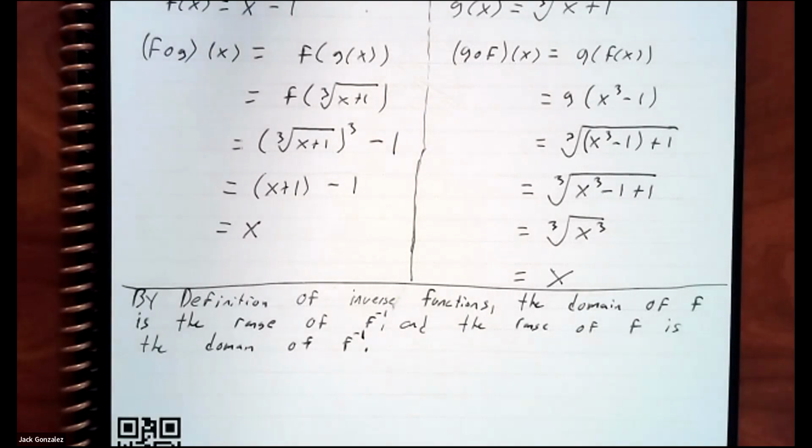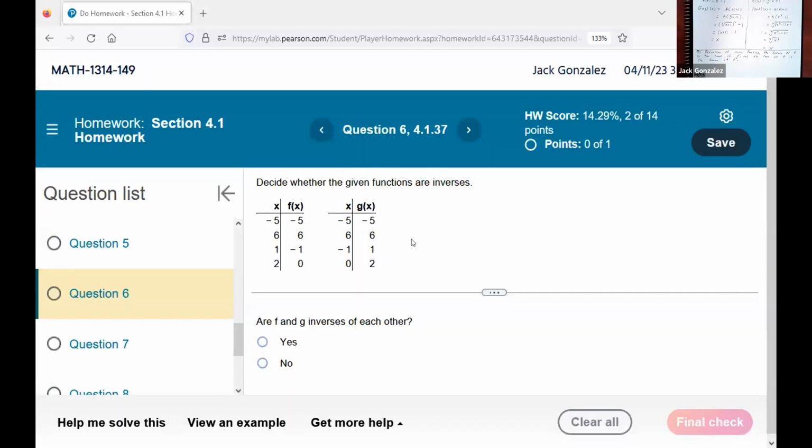So look at this homework question. Knowing that fact, are these inverses of each other? Right, the domain and ranges have to swap. Do they swap here? Looks like it, right? Yes.